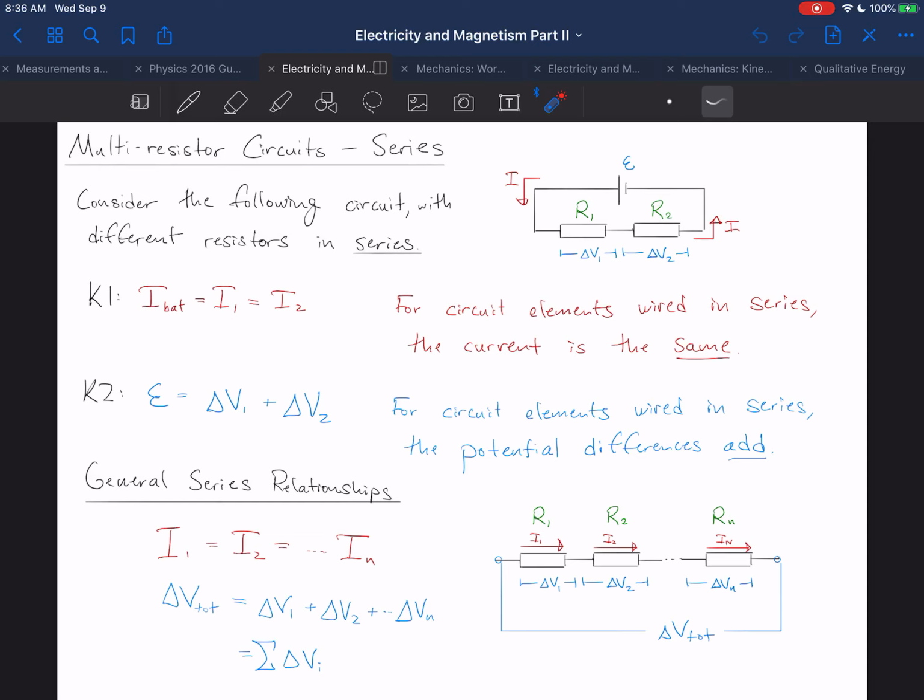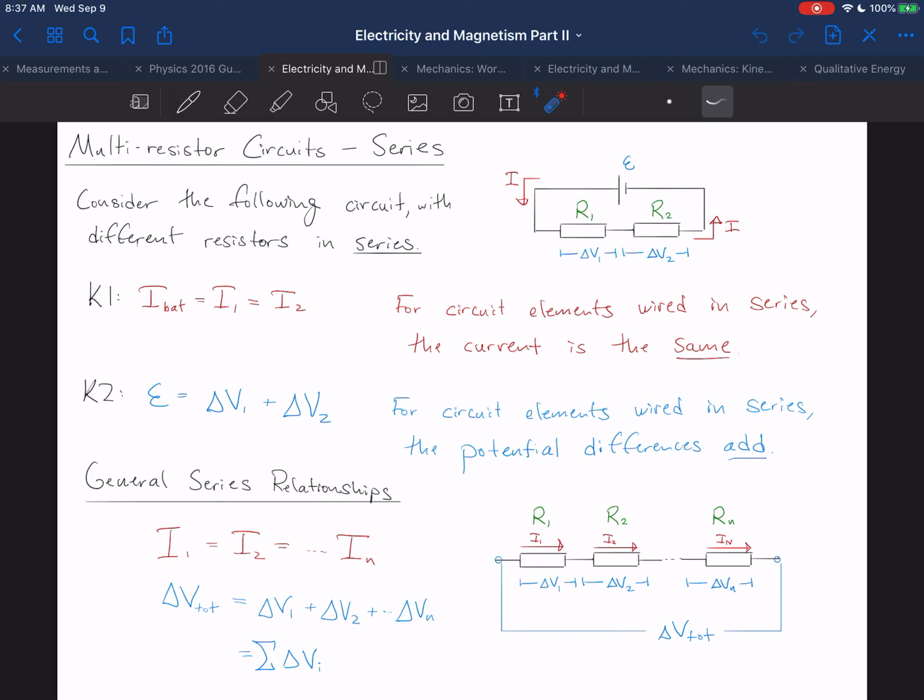And as a result, there's only one current through the whole circuit. And this is generally true for circuit elements wired in series. So for circuit elements wired in series, R1, R2, and in this case the battery, the current is the same.